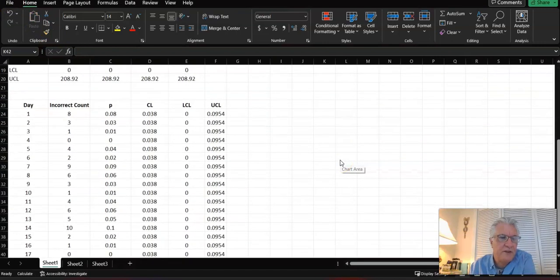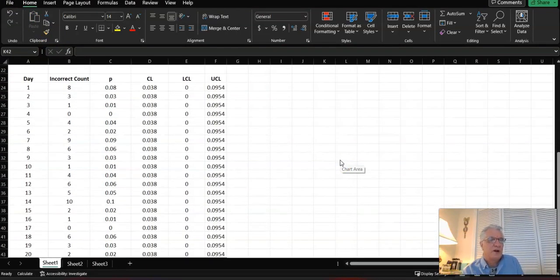In this next example, which is to develop a proportion chart based on the exercise, there is a sample of 100 blood analyses taken a day randomly. So you can see each day there were 100 samples taken. And a P chart, some people call it a probability chart, which is incorrect.